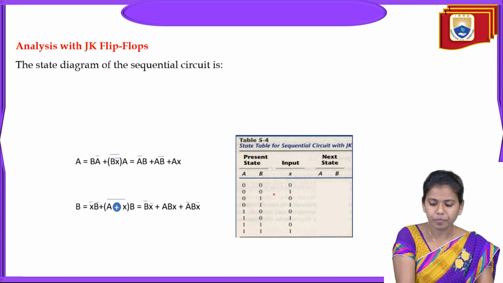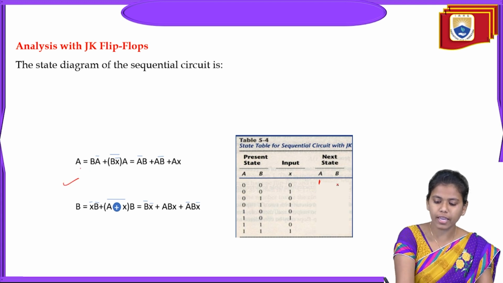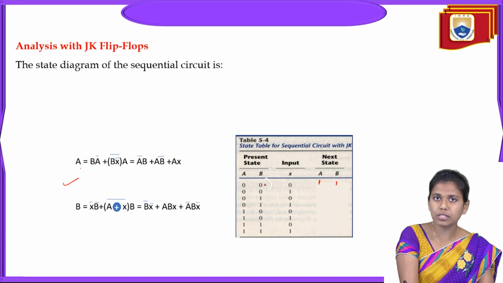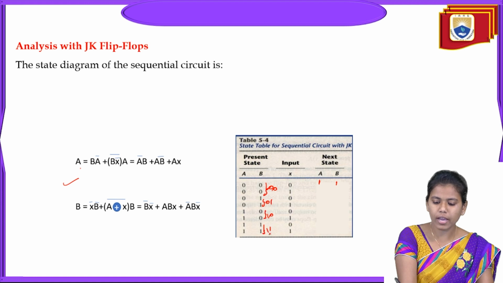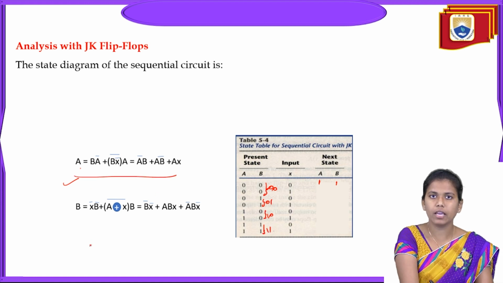Here you can see the two expressions with respect to the state inputs A and B, as B A bar plus B x bar B. So you have to substitute all the combinations 0 0, 0 1, 1 0 and 1 1 in the expression.